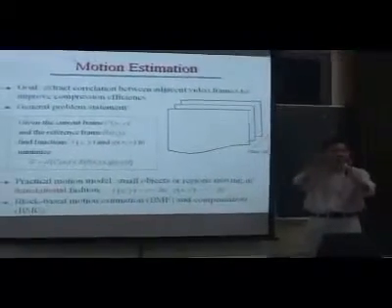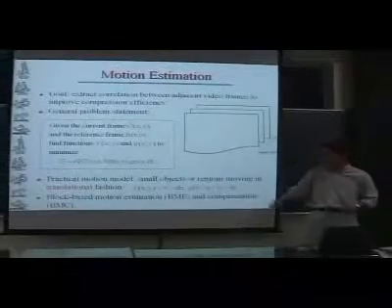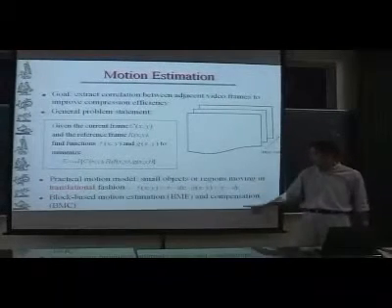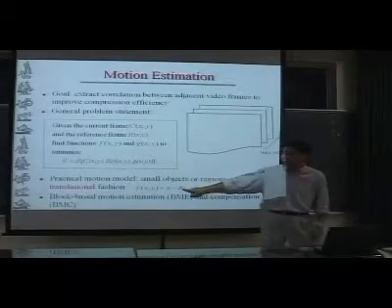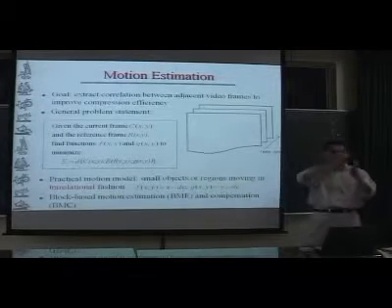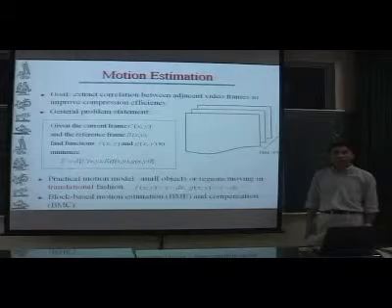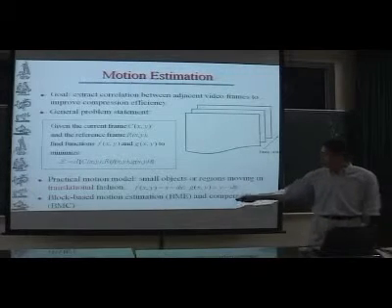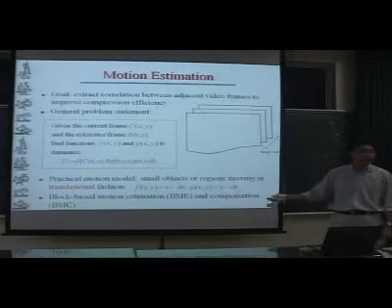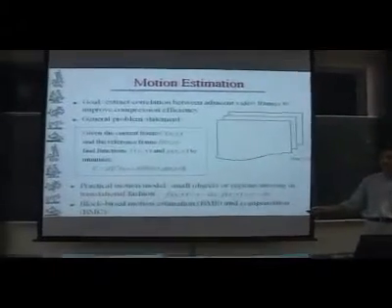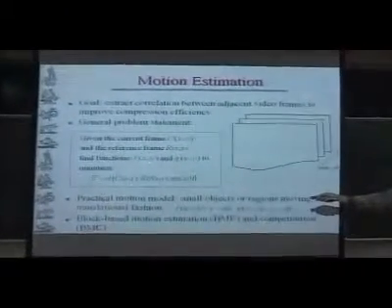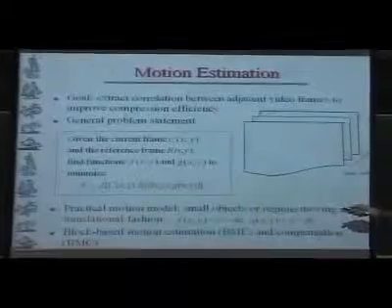If you just move sideways like this, then maybe this one is 0 and this one is 2. So it can move sideways, up, down in a translation fashion. This is the simplest case that we can think of for f(x,y) and g(x,y).